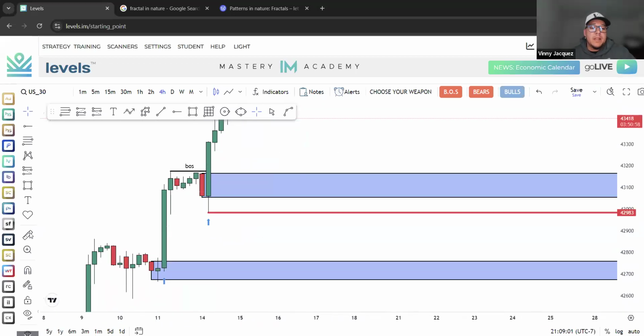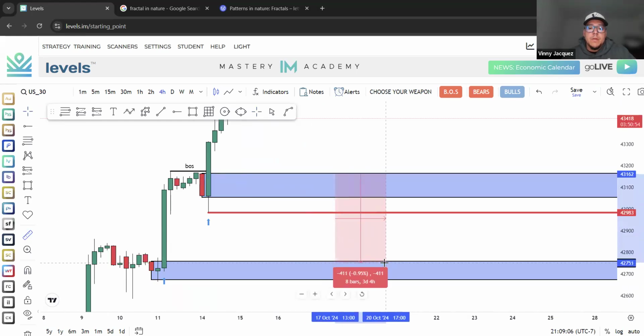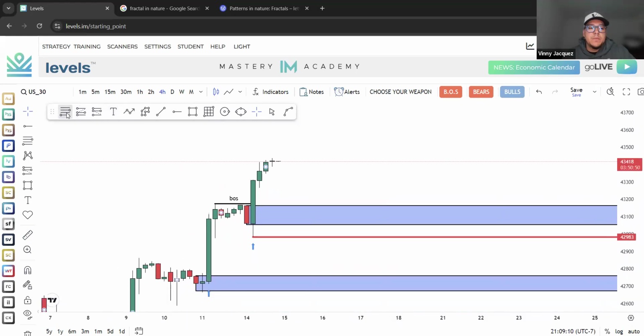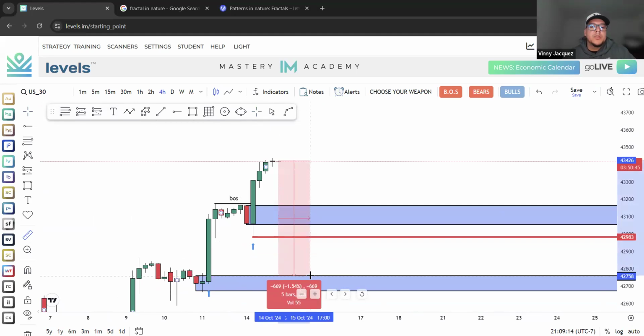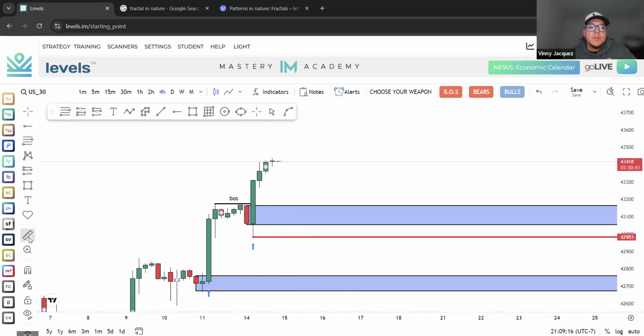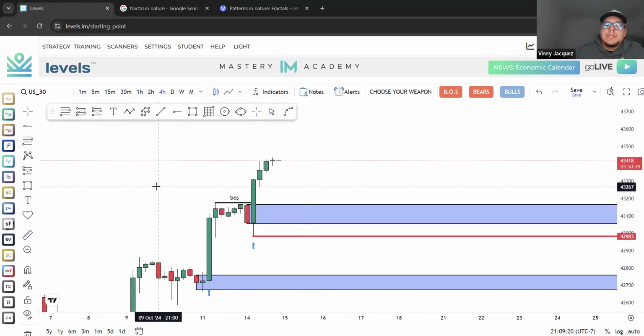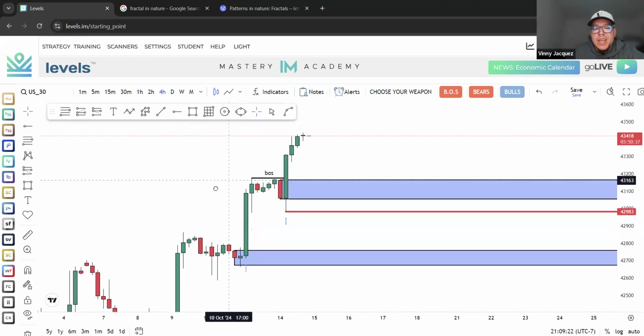This is a spot. This is pretty far away from entry. 400 pips. Even from here, that would be a massive move. 600 pips. Yeah. So I'm gonna take opportunities as they come.